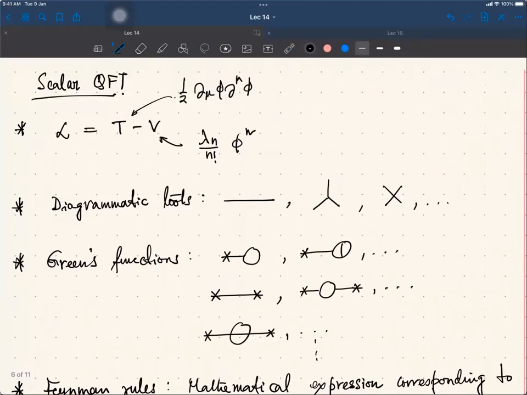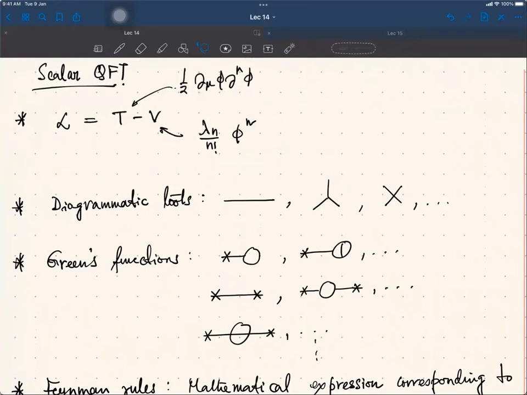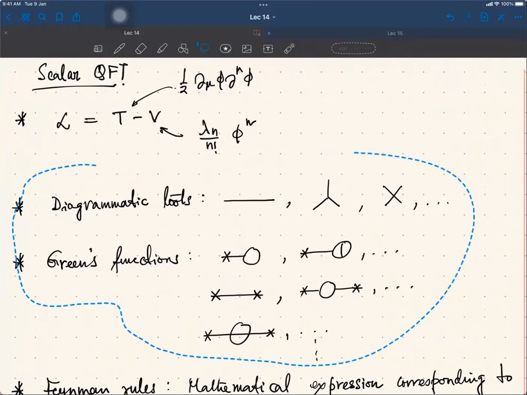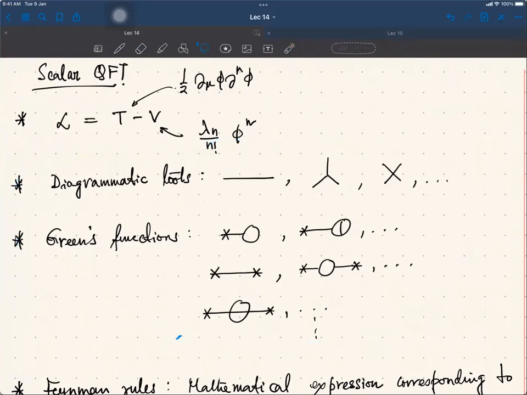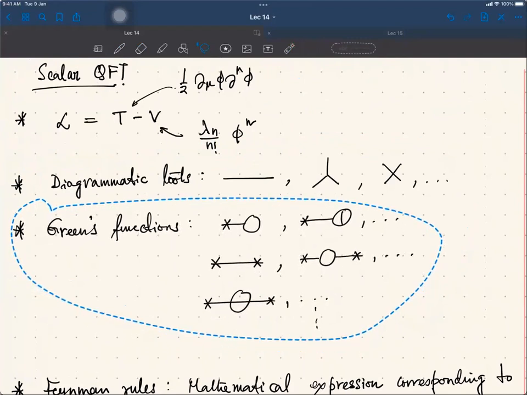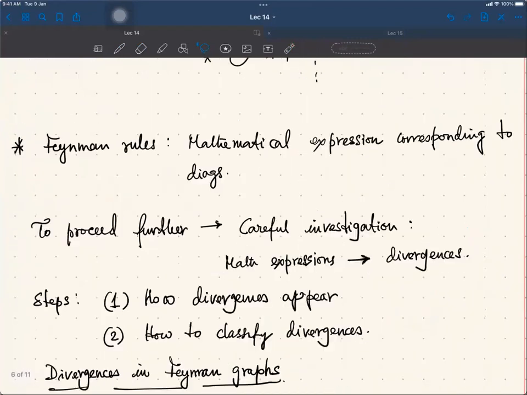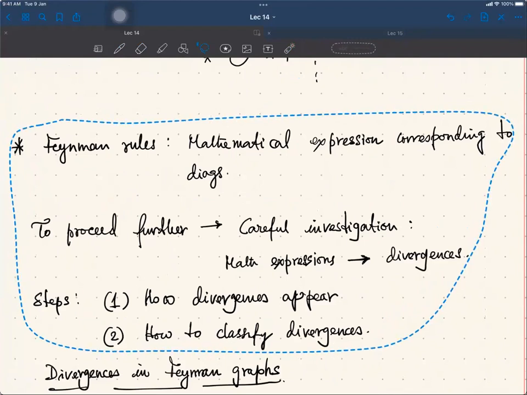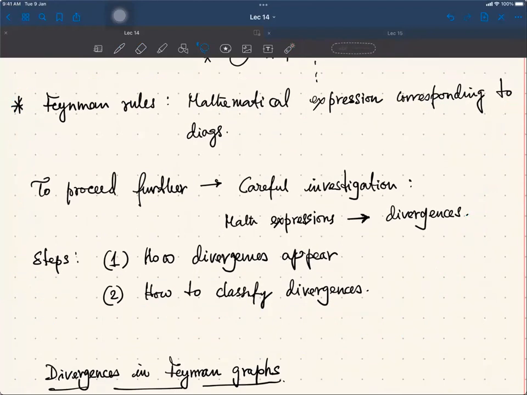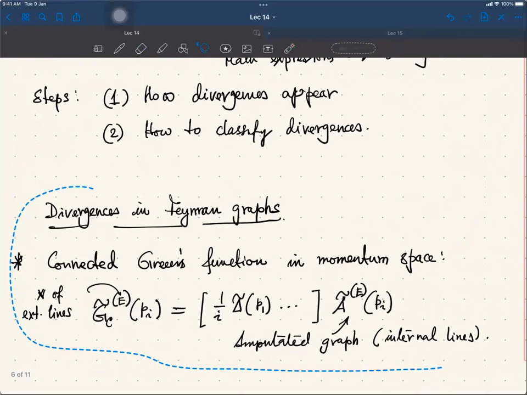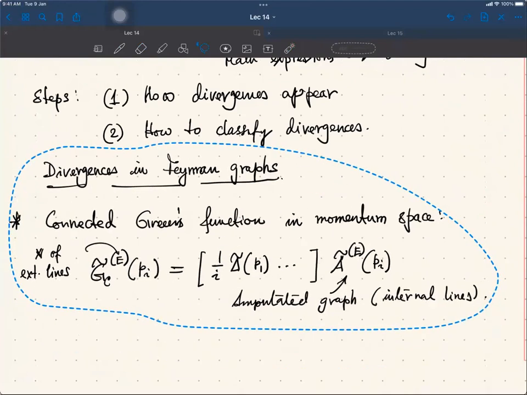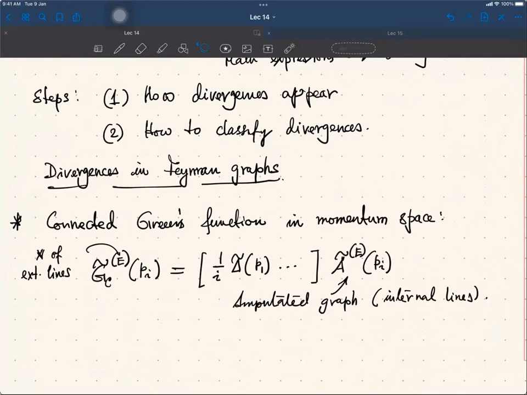And there are two types of such internal lines.